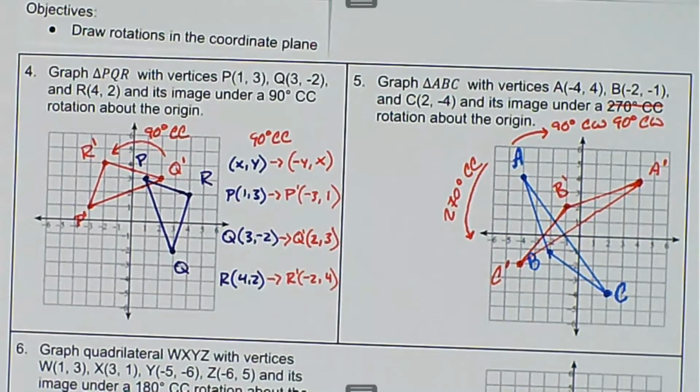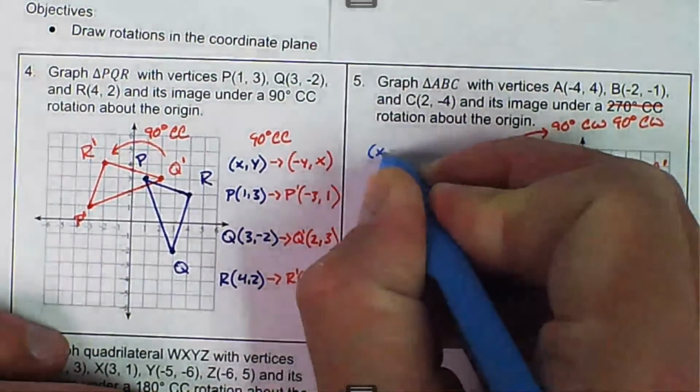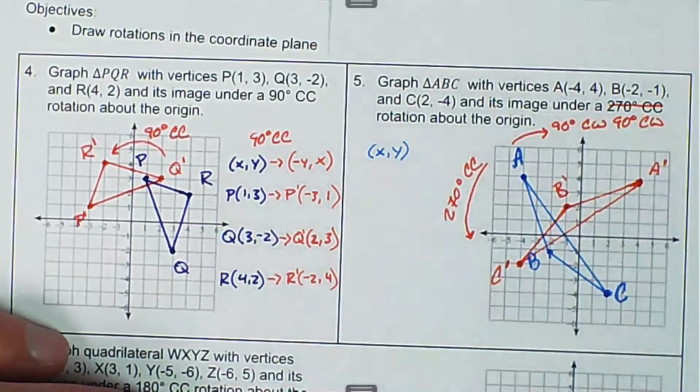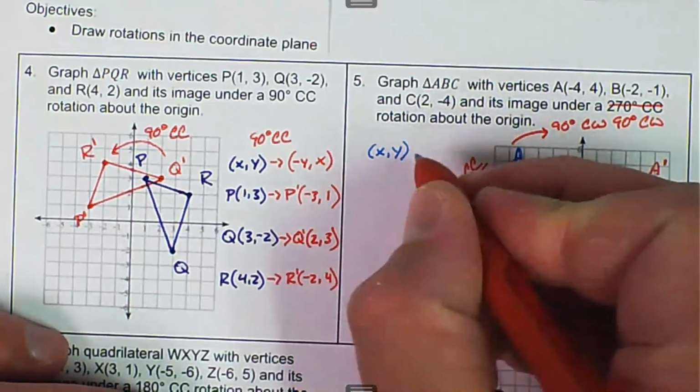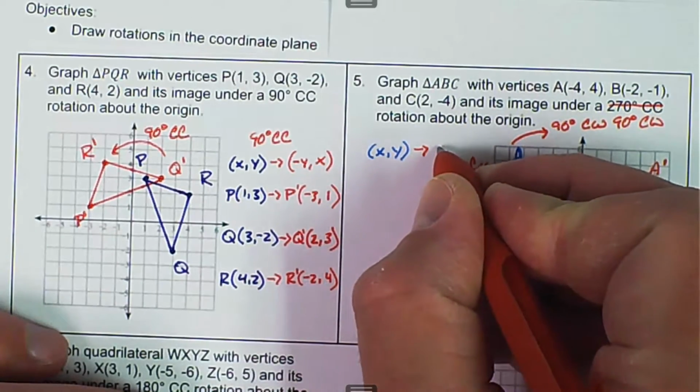And for this one, you can do the coordinate rule also. So our pre-image was x comma y, and then that would go to y, negative x.